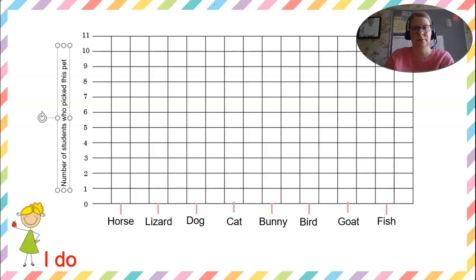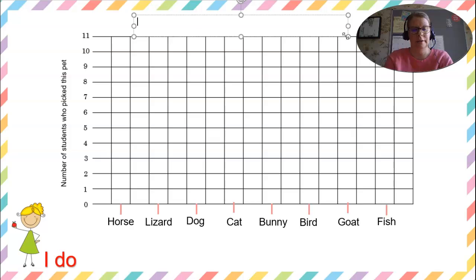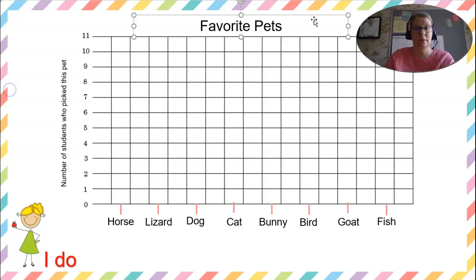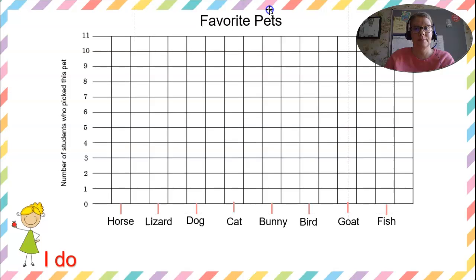We need a title for our graph. So this is favorite pets. Okay, so that helps us know what this is all about. What is this bar graph all about? It's all about favorite pets. Okay, so now we have, you know what we also need? Let's go ahead and put a little label down below here.